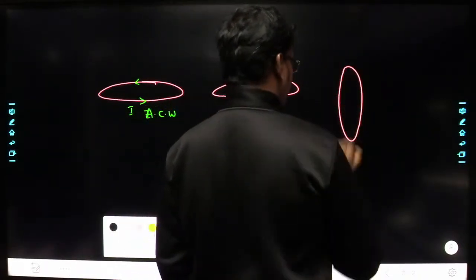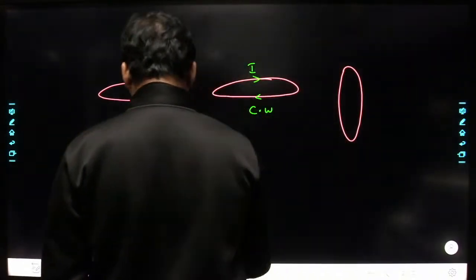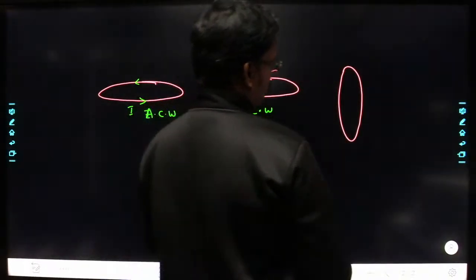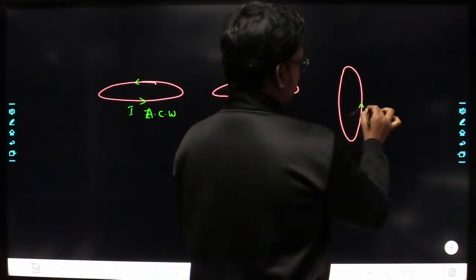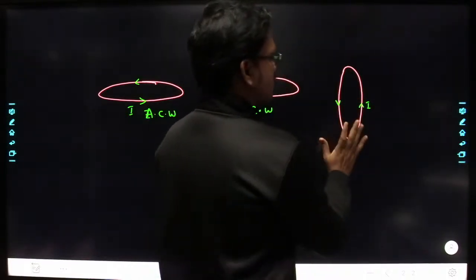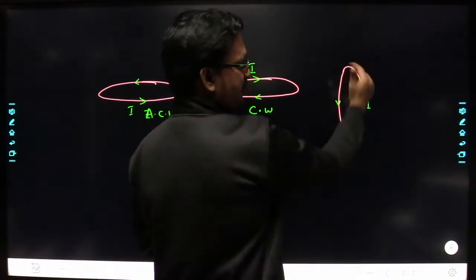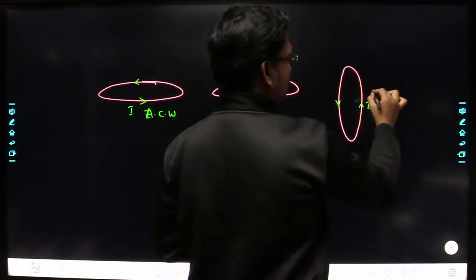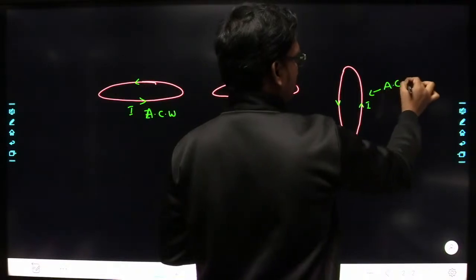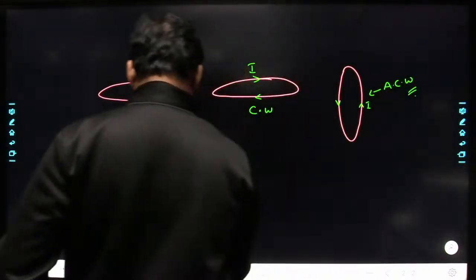If we consider the loop like this, I told in the previous session that if the current flows from lower to upper, like this, consider this as anti-clockwise direction.